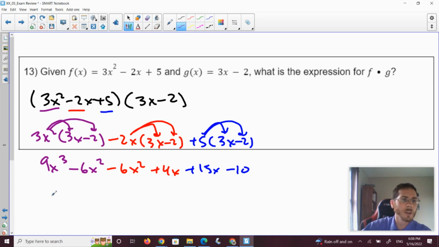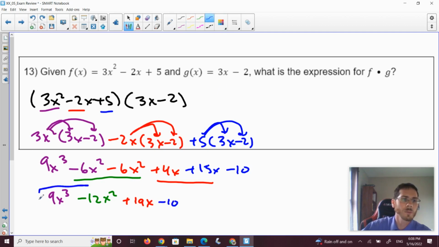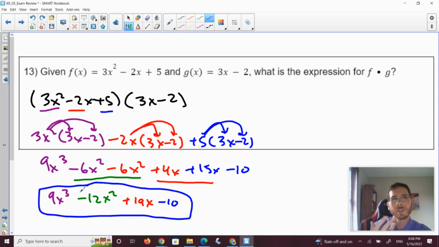All right, we'll combine all the like terms. I only have 1 x cubed, so that's easy. Negative 6x squared and another negative 6x squared is minus 12x squared. I've got 4x and 15x is 19x. And then minus 10 at the end. And that's what we got. So a long problem, a lot of distributing, but that's not too bad to do.